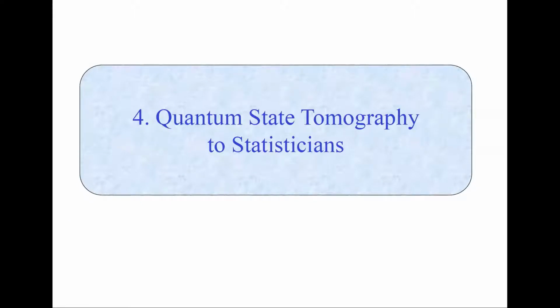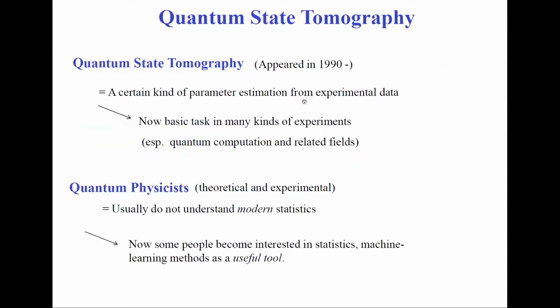Now let's see the brief review of quantum state tomography. So what is quantum state tomography? Roughly speaking, it is a certain kind of parameter estimation from experimental data in quantum physics, especially in quantum information experiments.